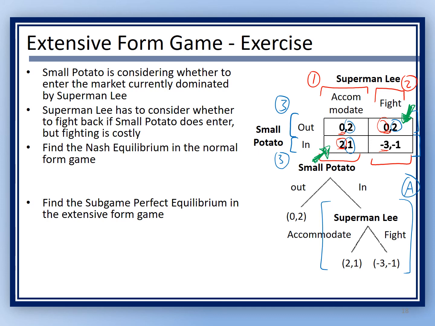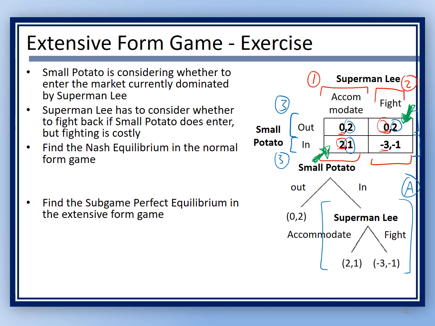In the extensive form game, I'm assuming that Small Potato gets to move first. If Small Potato stays out, then he's done. There's nothing else for him to do. He just earns 0. If Small Potato comes in, Superman Lee has to choose between accommodating and fighting.